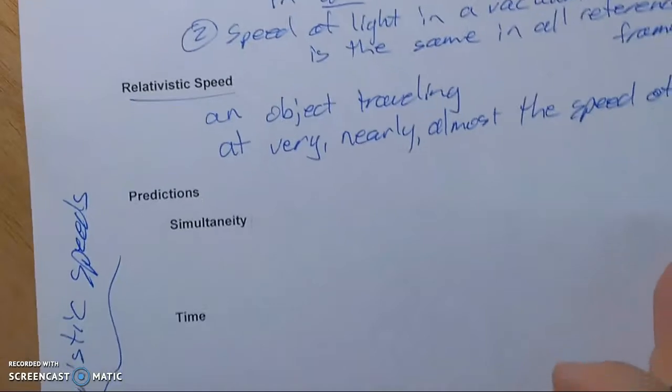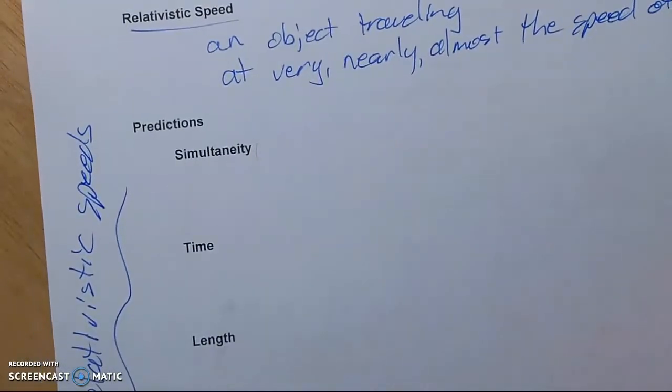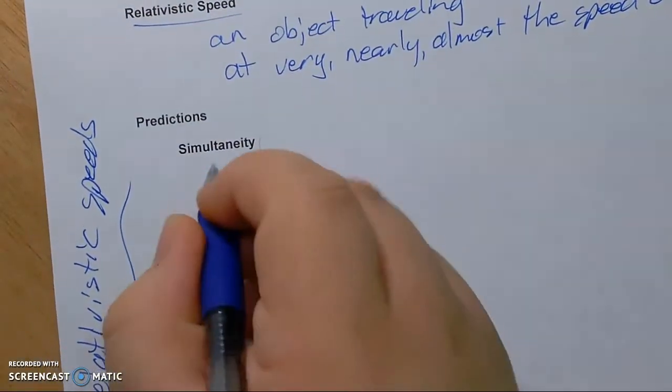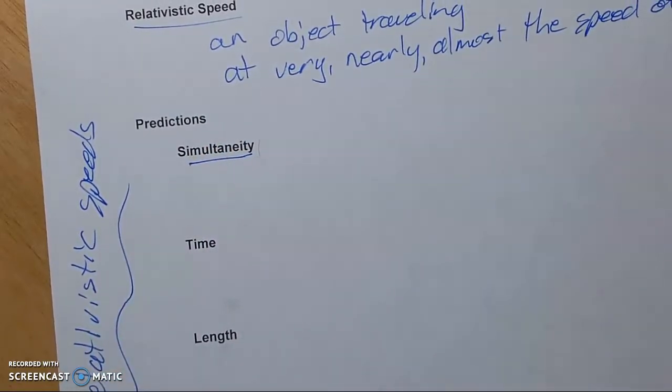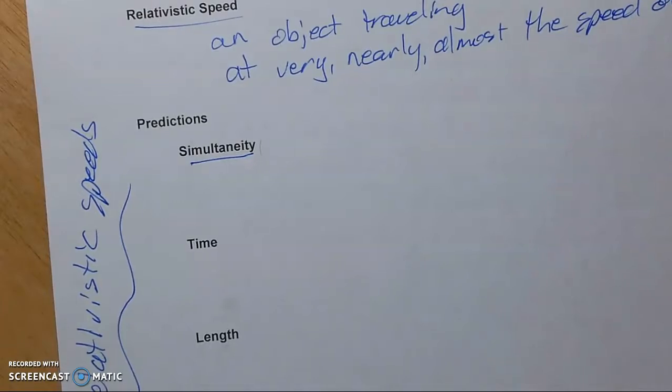So when we observe something happening at nearly the speed of light, this one, which I have the hardest time saying, and I'm not going to try and say it on camera. Well, I will. Simultaneity.